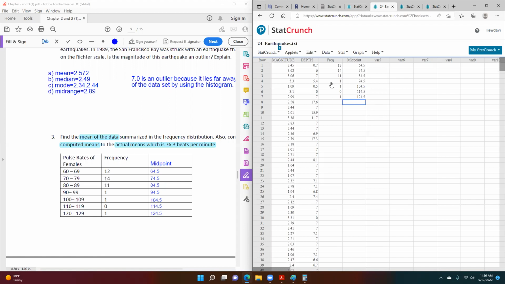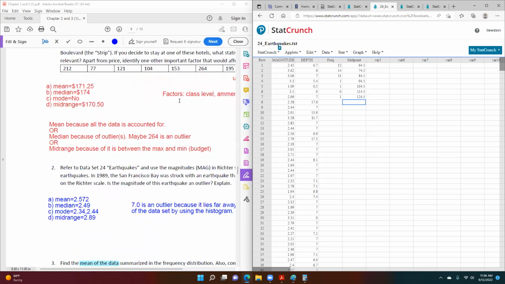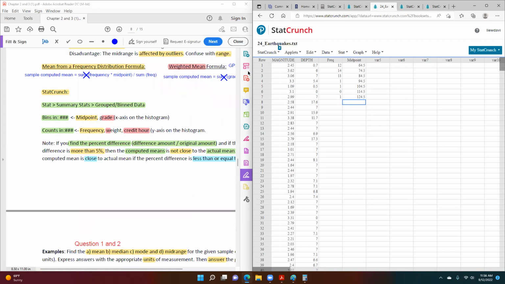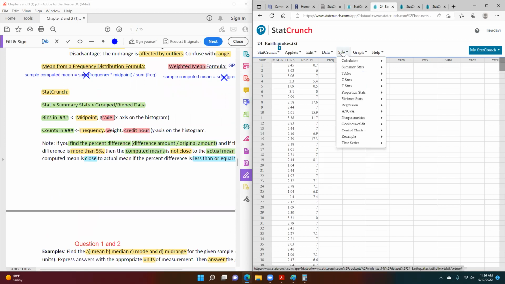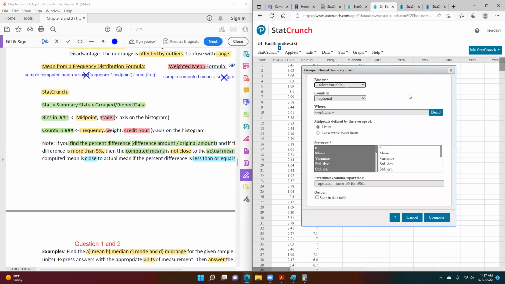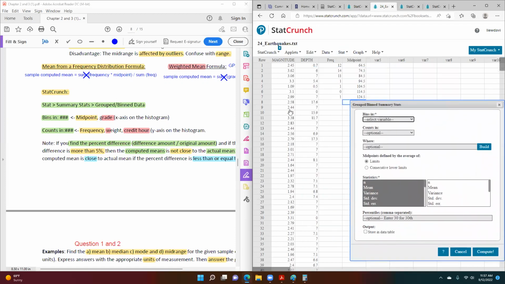So you actually need to calculate the midpoint yourself. Once you enter your frequency and your midpoint into StatCrunch, you go under Stats, Summary Stats, and then Group/Bin Data. So you go to the last one. Last time we went to Columns. This time we go to Group/Bin Data. Then for Bin in, you select the midpoint, and for Counts in, you select the frequency.